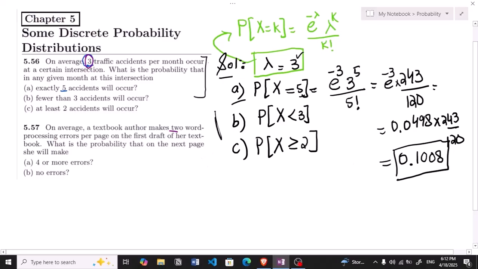Okay, in part B, which is basically this one, let me solve it here. This is the probability that x is less than 3.